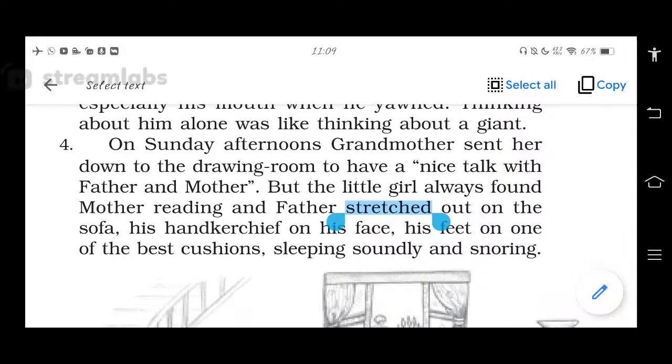Out on the sofa, his handkerchief on his face, his feet on one of the best cushions, sleeping soundly and snoring. Snoring, S-N-O-R-I-N-G. What is the meaning of snoring?